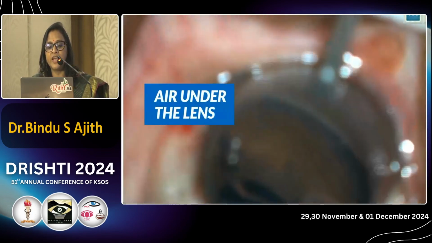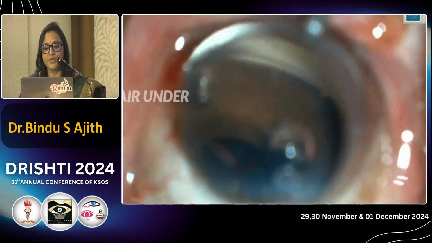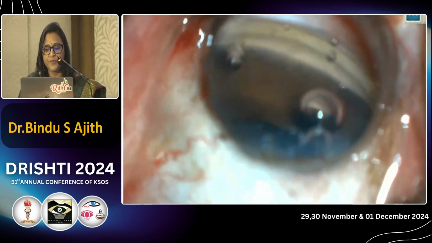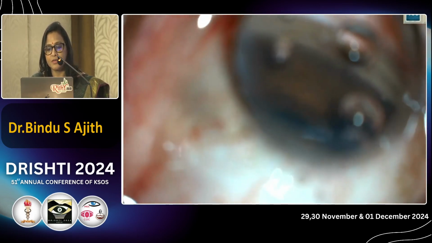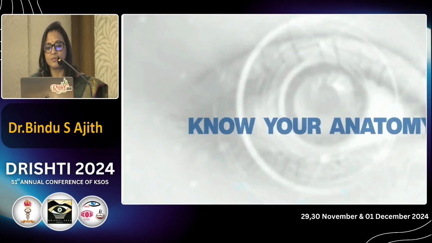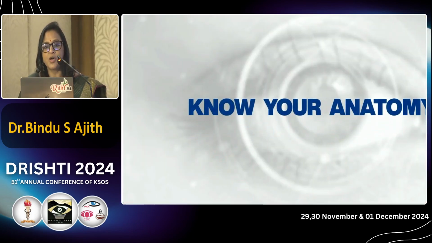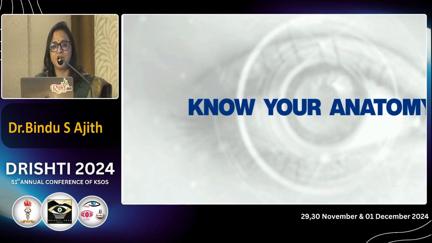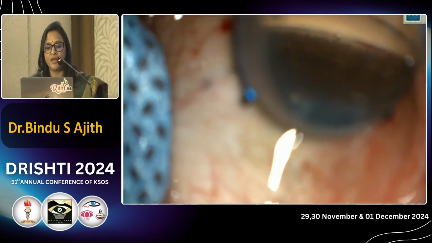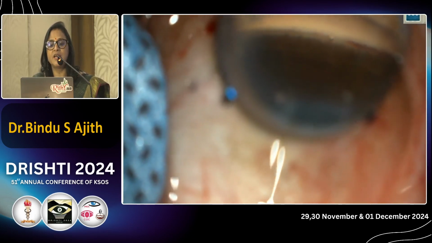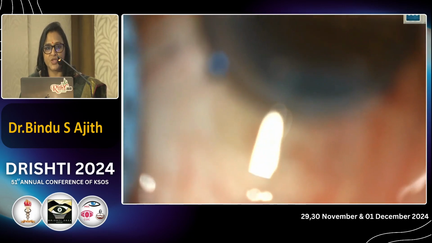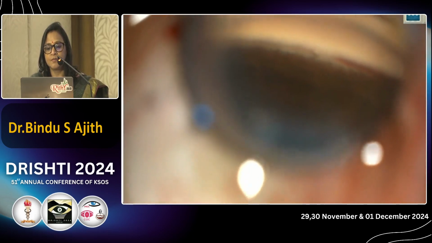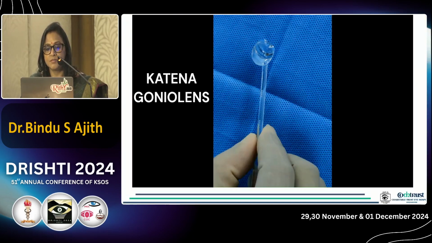Sometimes even air gets under the lens and you have difficulty visualizing the angle. The most important thing is you have to know your anatomy to identify what you're seeing. The blood in Schlemm's canal and the pigmentation of the trabeculum help you to identify the trabecular meshwork.